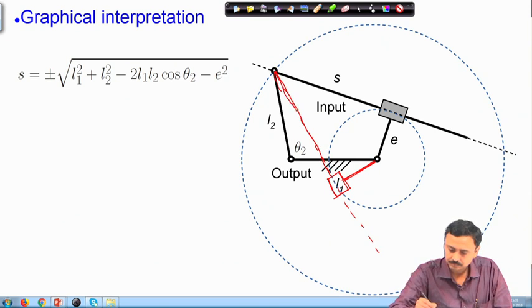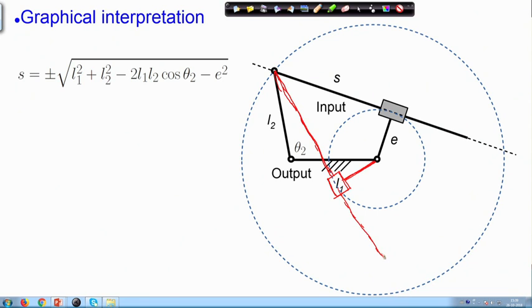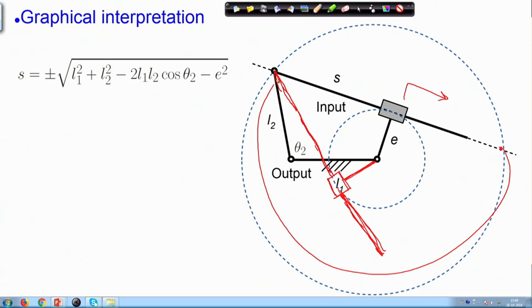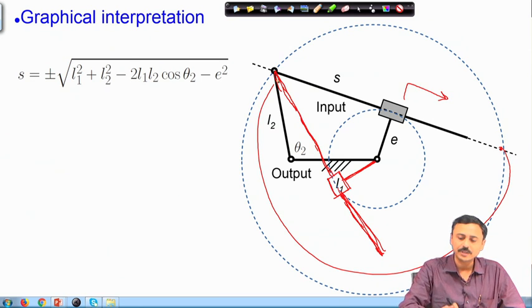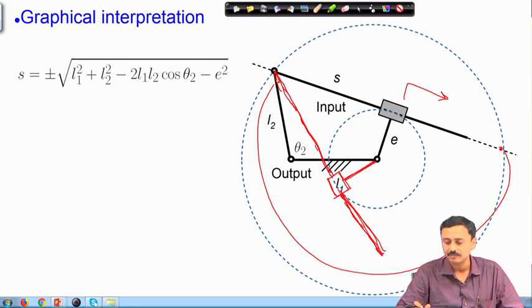So, this is the other configuration of the mechanism, but then you must realize that the red configuration can happen only on the negative side of S. That means, some point here can be brought and connected to the hinge at P. Therefore, if you start from the black configuration, you cannot reach the other configuration.